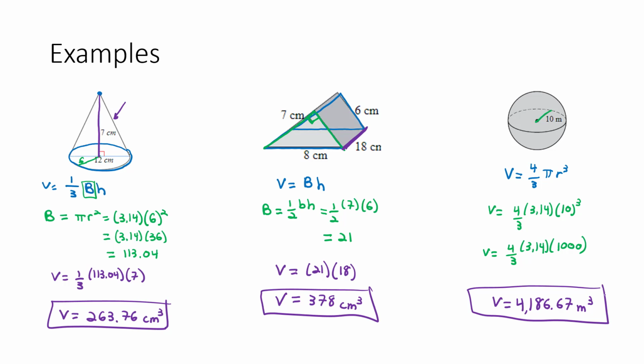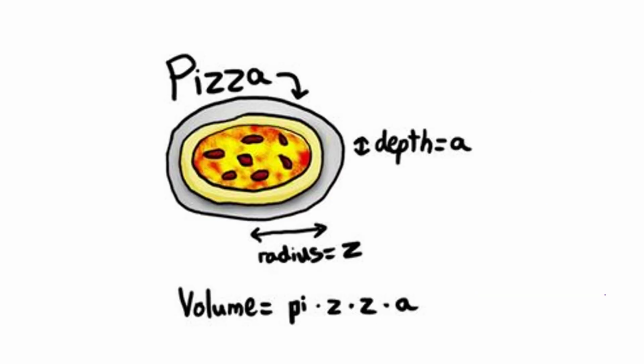To wrap up this volume discussion, I've got one more interesting volume problem. If you look at a pizza, and if your pizza has a depth of A, which we also know is the height, and a radius of Z, a pizza is really just a really thin cylinder. So the volume is equal to the base area times the height.